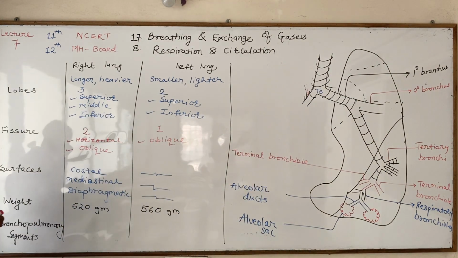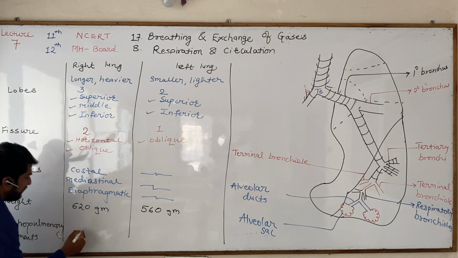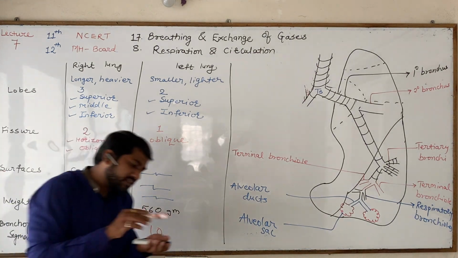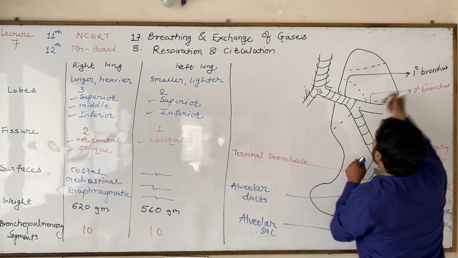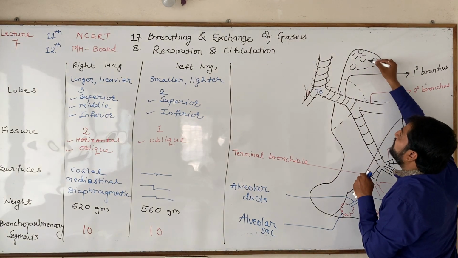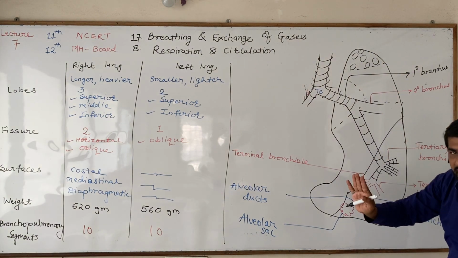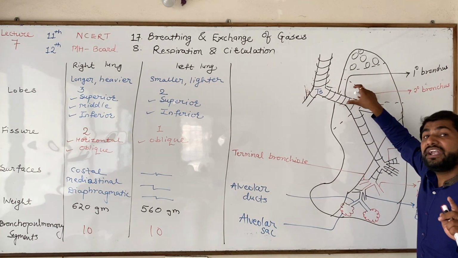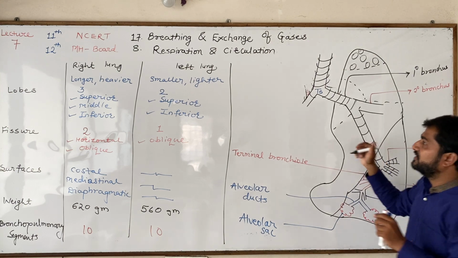So both the right lung and left lung have 10 bronchopulmonary segments, and segments are further divided into lobules. Inside them there are also smaller parts, what do we call them? Lobules. Okay, very clear.